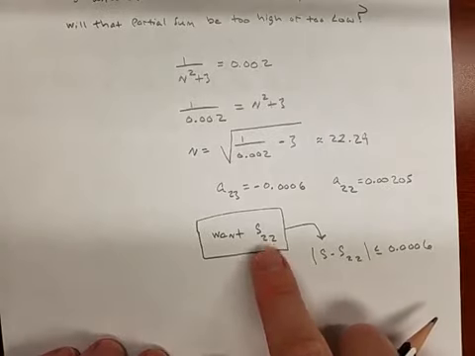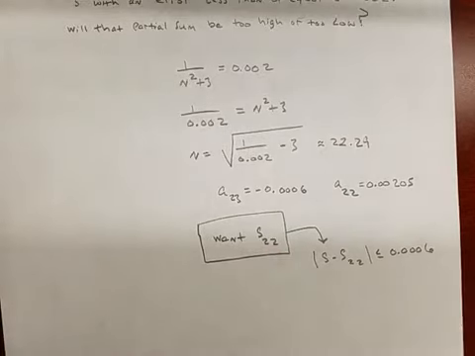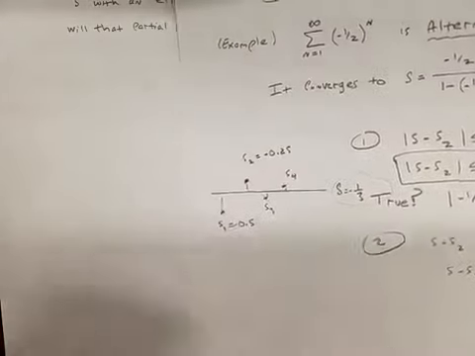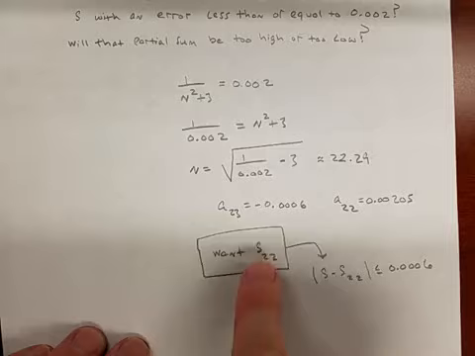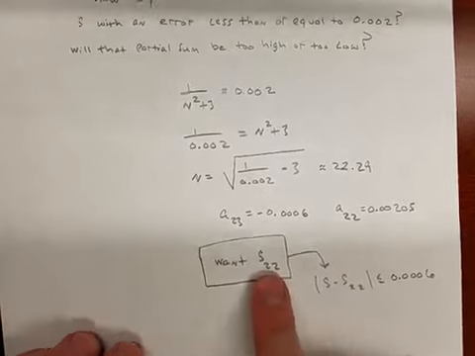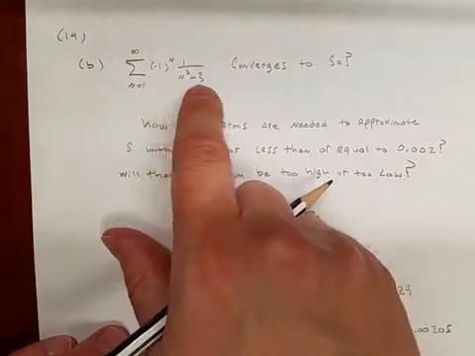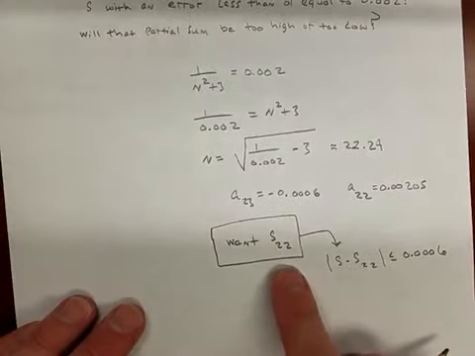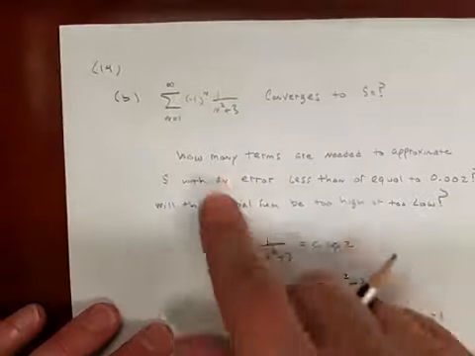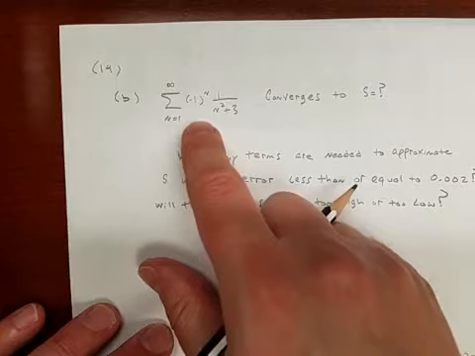Will S22 be too high or too low? Well, I'll do this in my abbreviated way. Is S22 under the sum or above it? What's the 23rd term? The 23rd term is negative, right? So if you were at S22 and you added the next term, that would be a negative.